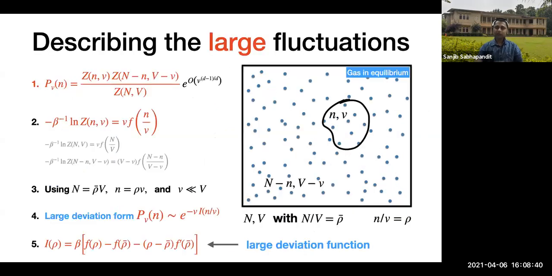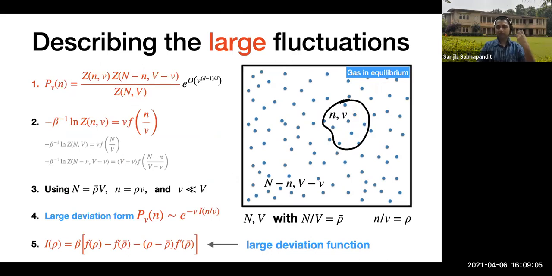If it is an equilibrium gas, of course, you know that the probability distribution of the number of particles within this small volume V you can just write as a ratio of these partition functions. This is the partition function for the full volume, this is the partition function for the outside volume, and this is the partition function for the inside volume.